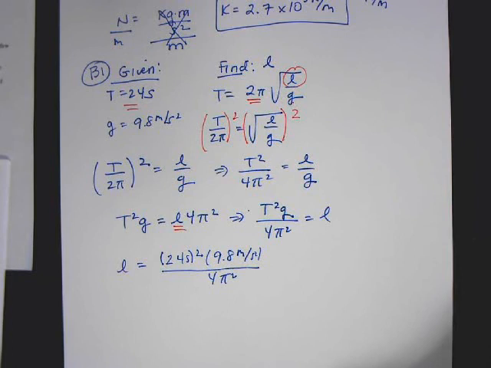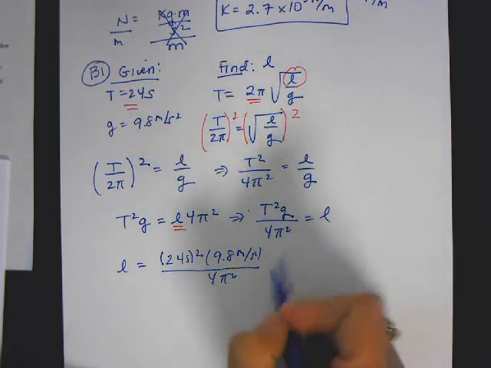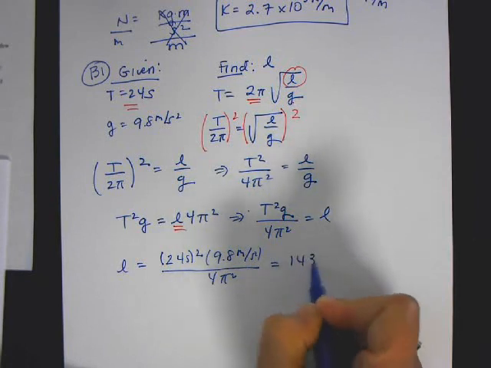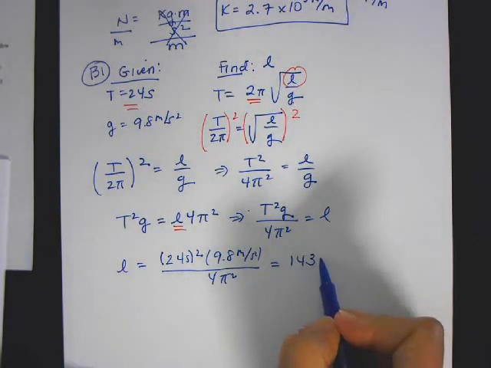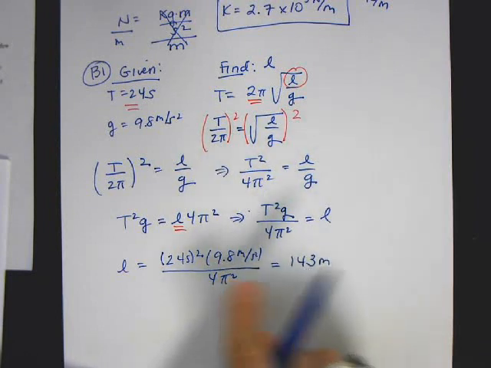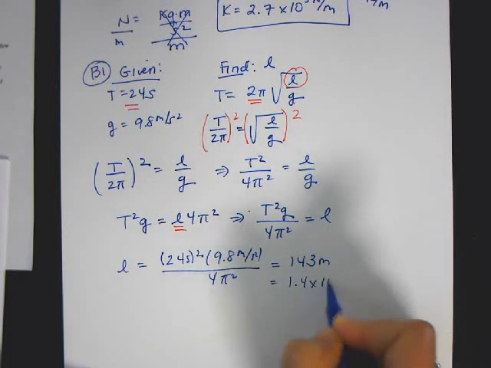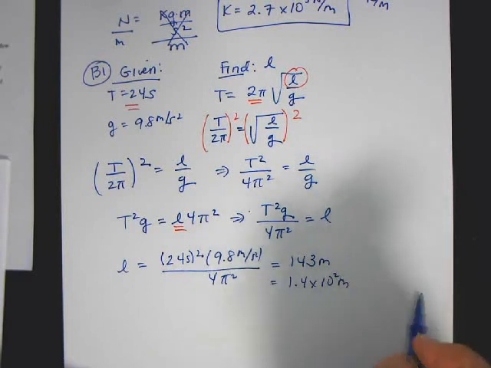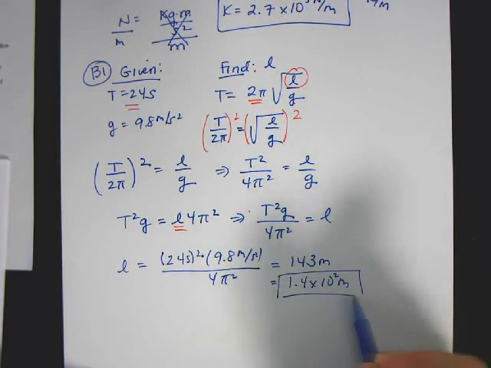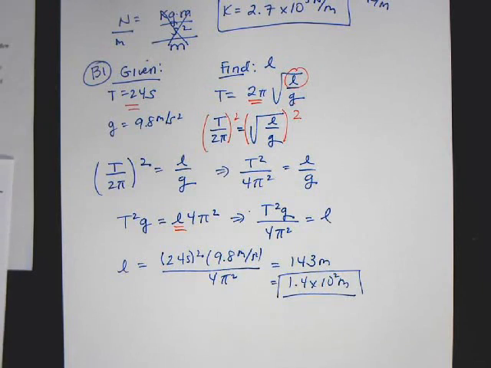So when we do this on our calculator, we end up with 143 meters. But if we want to put it in correct significant figures, it would be 1.4 times 10 to the 2 meters. Again, if you look at your homework worksheet, your final answers in parentheses are always in correct significant figures.